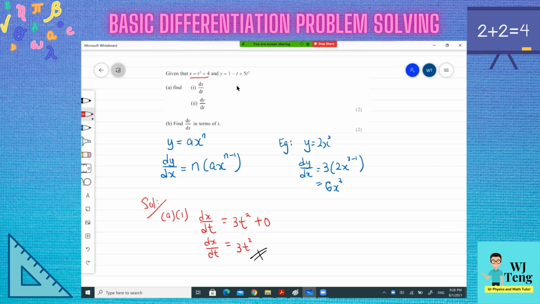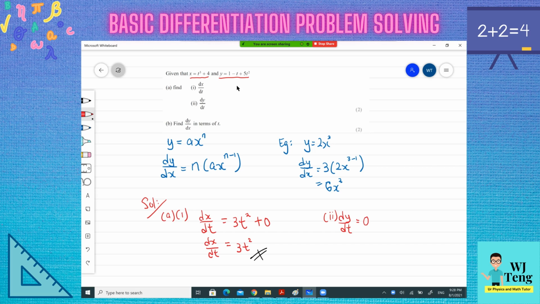Then let's take a look at another example, A2. We're asked to solve what is dy dt. And dy dt, this is the terms of y in some terms of t. So again, similarly, we do it term by term. Differentiating 1 gives us 0 because it's a constant number.